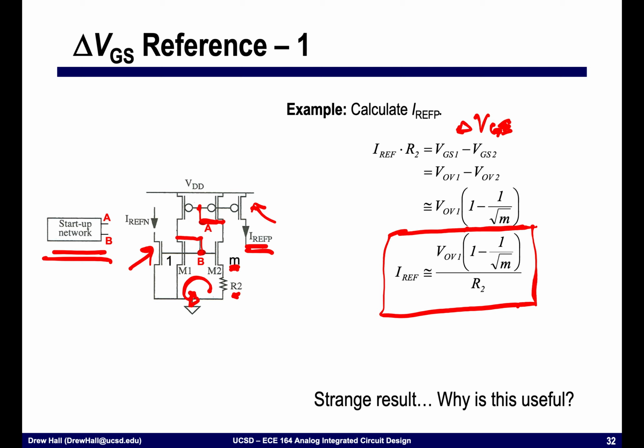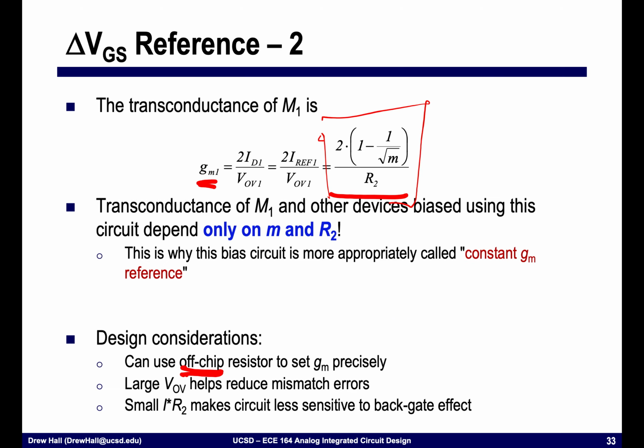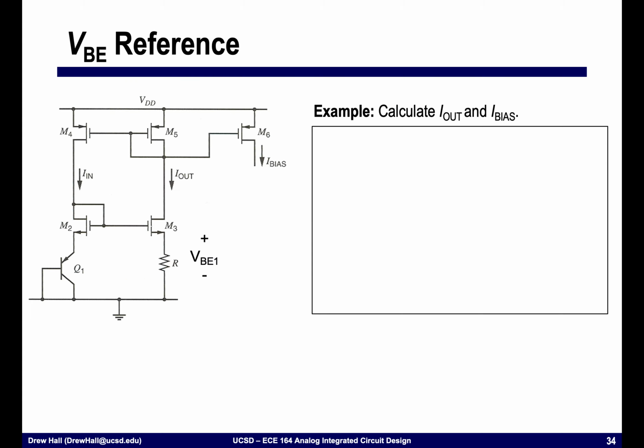You'll notice that the backgate of M2 would be connected to ground, and so M2 is a little bit sensitive to the body effect. We can mitigate that somewhat by making the voltage drop across that resistor R2 relatively small. So I times R2 is usually minimized in order to fix that. And so often R is a quite large resistor.